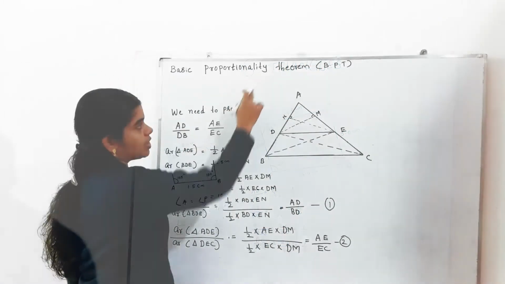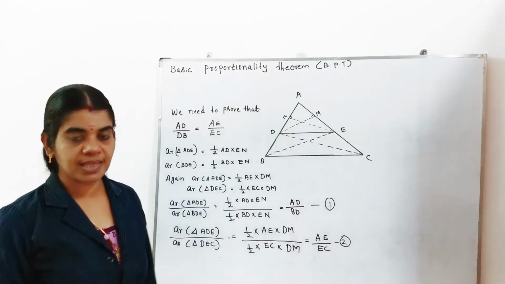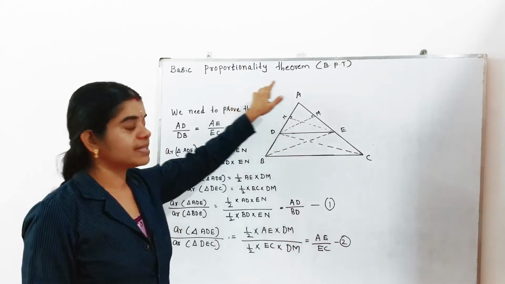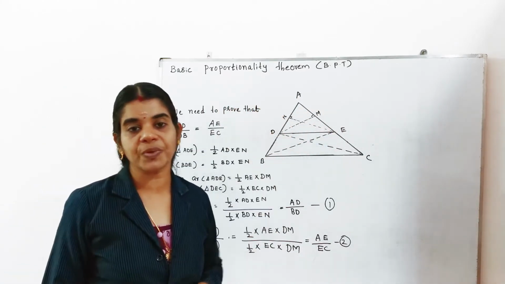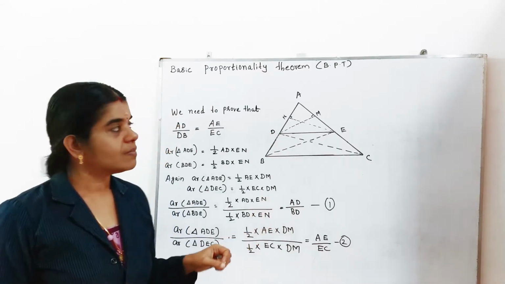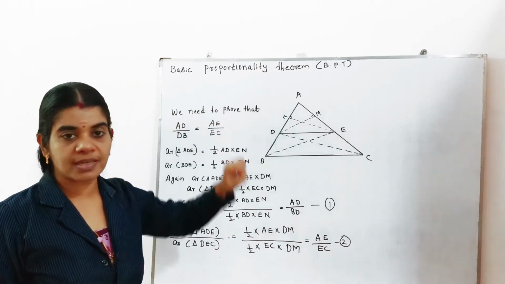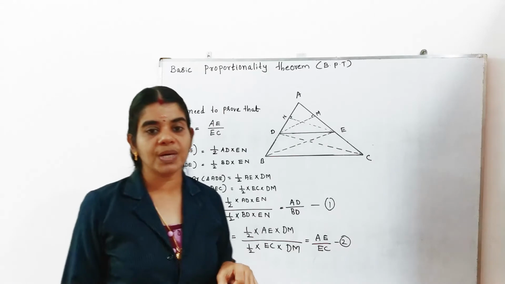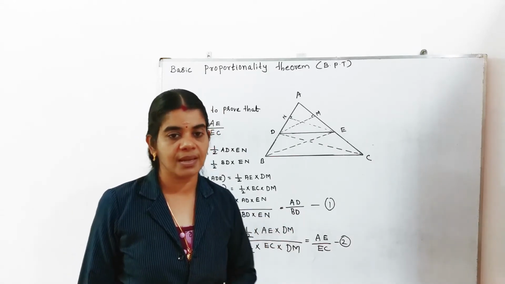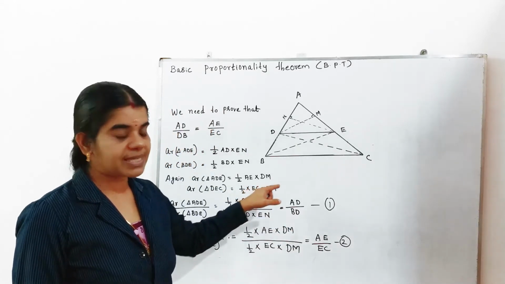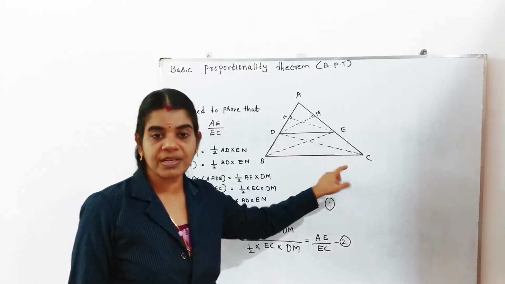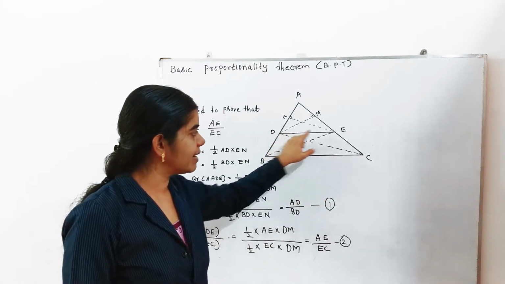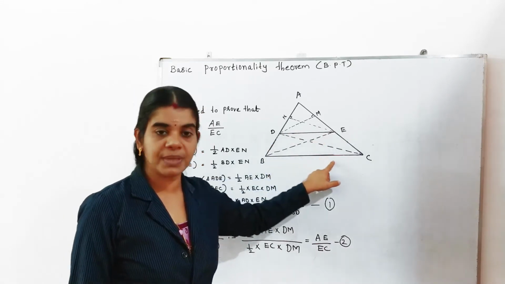The next topic is the basic proportionality theorem. In short form, we call it BPT. Another name is Thales theorem. What is meant by the basic proportionality theorem? First, you want to know what the statement of this theorem is. Just listen here. We draw a line parallel to one side of a triangle. Here we have drawn a line DE parallel to BC.